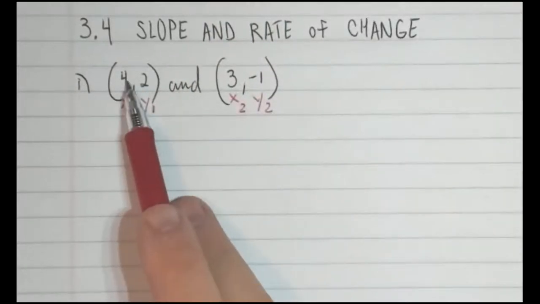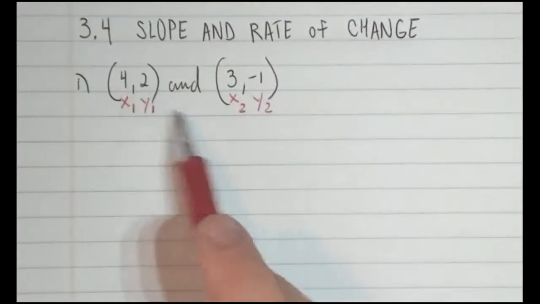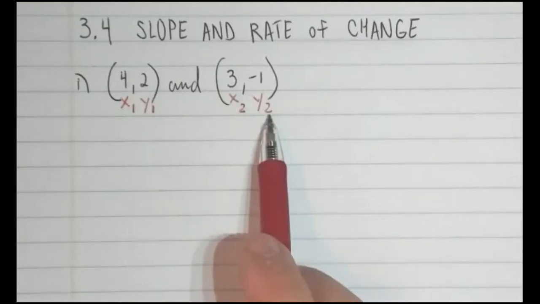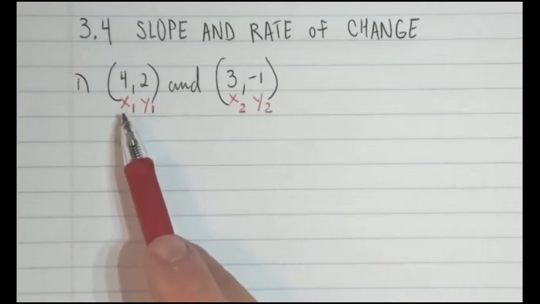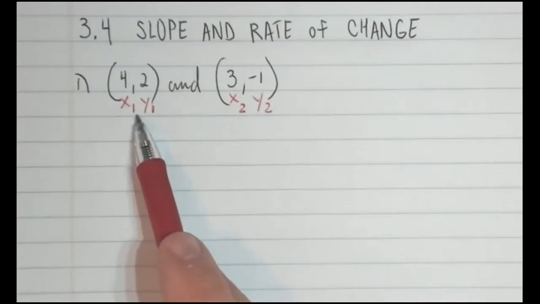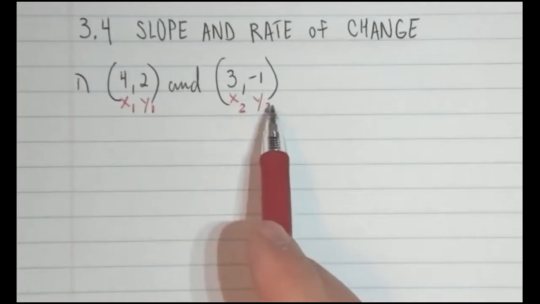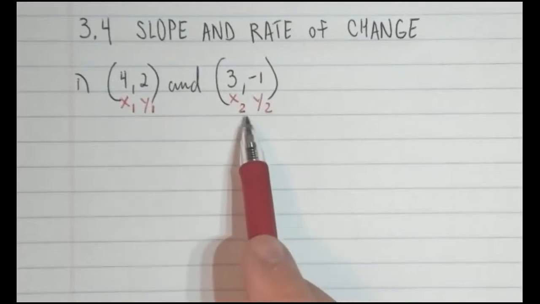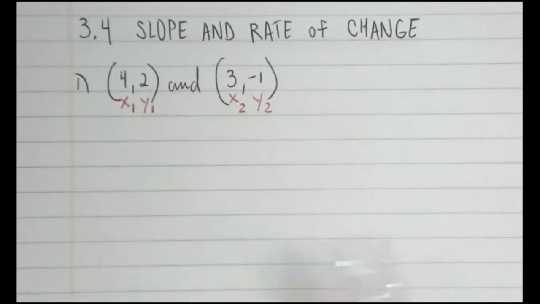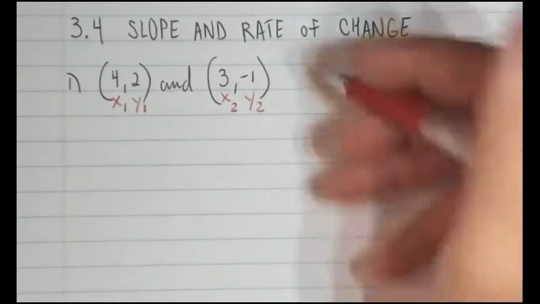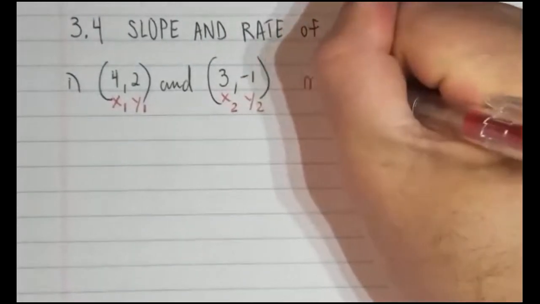So x1 would be 4, y1 would be 2, x2 would be 3, y2 would be -1. You have to be careful not to mix these up. It's 1 and 1 on the first point, then 2 and 2 on the second point. Each of these goes into what we call the slope formula.